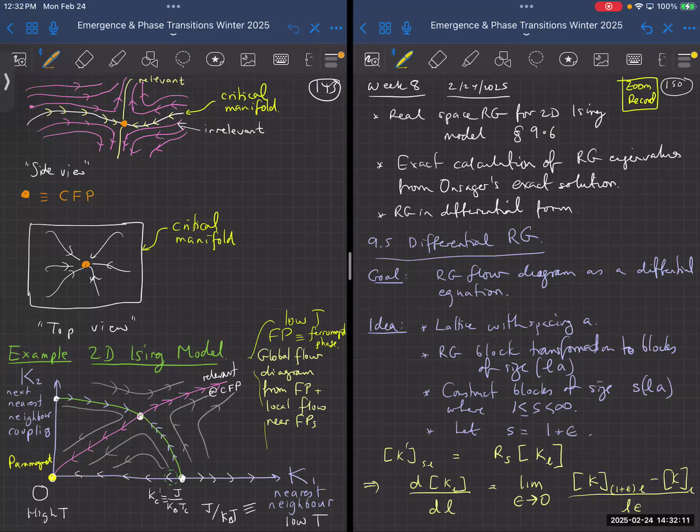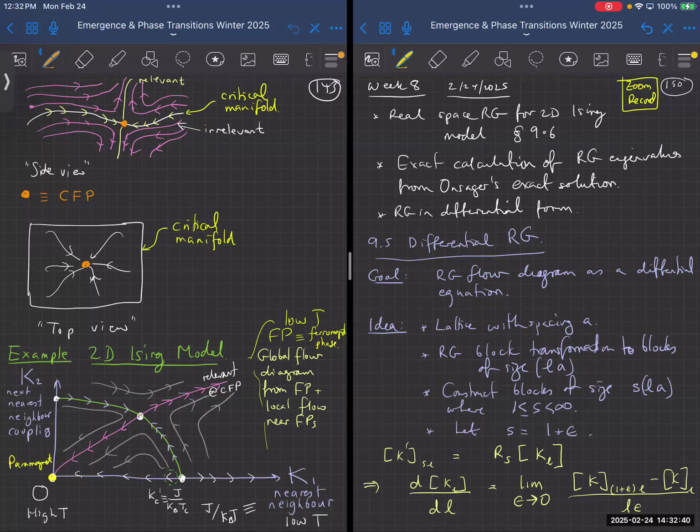We looked at specifically what a snapshot of the flow diagram looks like, looking at the critical manifold and then looking at the flows off that. And we understood how universality emerges due to the fact that the repulsive directions are the eigendirections at the critical fixed point, and that the phases of the system correspond to the sinks of the renormalization group flows.